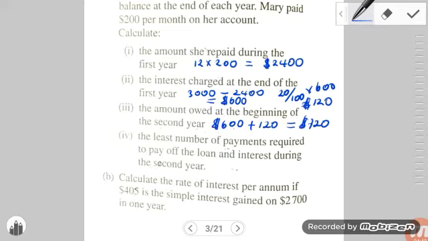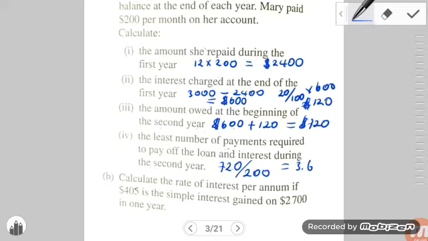So the balance that she has is 600 plus 120, that's 720, and she's paying $200 per month on her loan. So to know the least amount of payments is going to be 720 divided by 200, and that's going to be equal to 3.6.